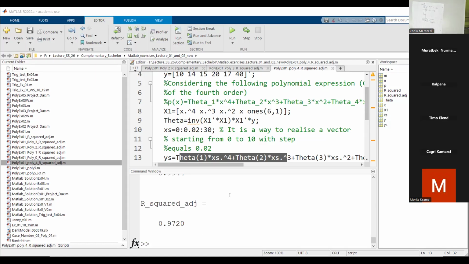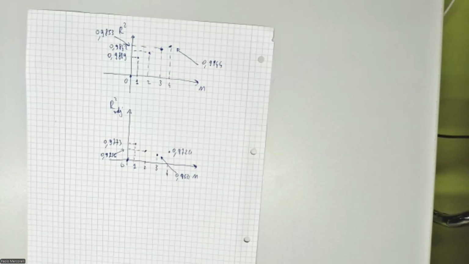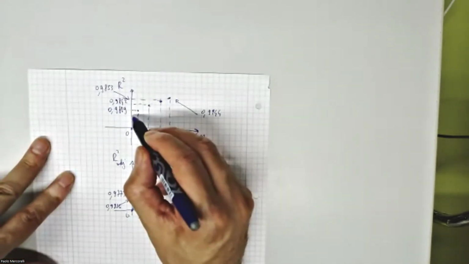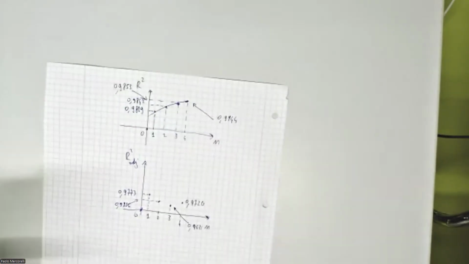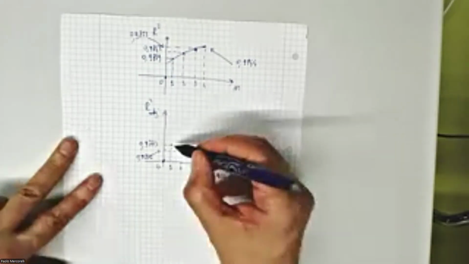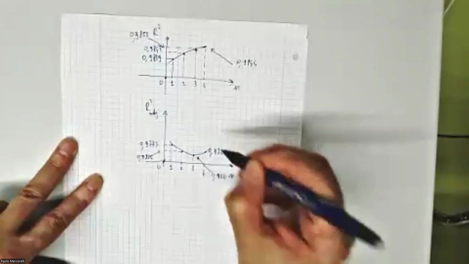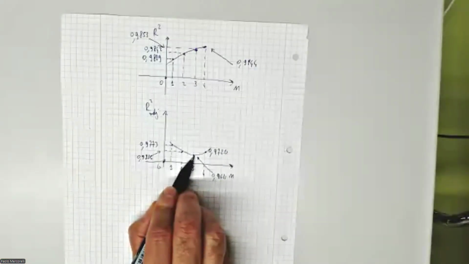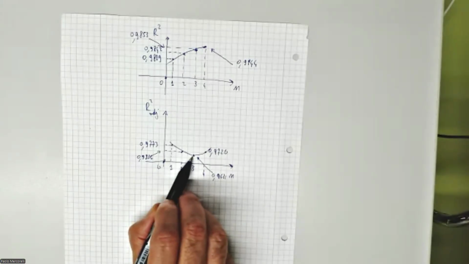Look, so we can figure it out better. Yeah, we increase, this means we reduce SSE. Then we have something like that, where we have the best value, the minimum, with respect to n.